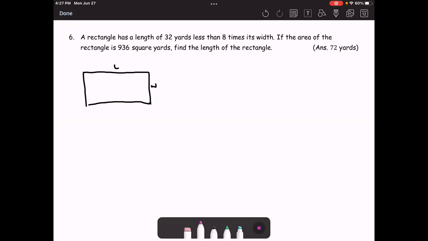That means the length would be 8 times the width minus 32. And the area of this rectangle is 936. The area is the length multiplied by the width, given to be 936.